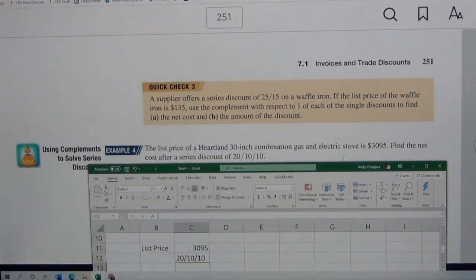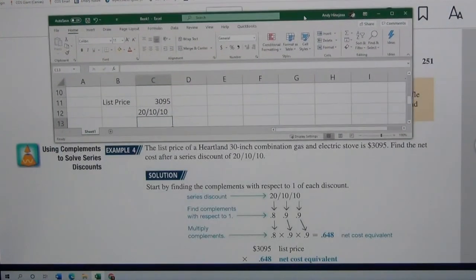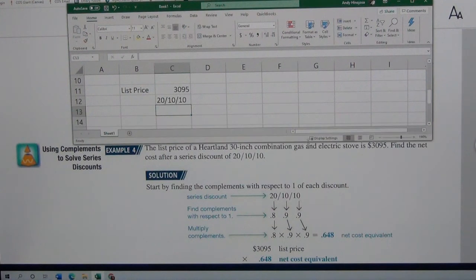Okay, so hopefully you've got it done right, but what we're going to do is really find the complements. We're going to find the complement of 20. If I know the complement of 20 in this discount, well, really the decimal is 0.2, so the complement is going to be 0.8. Then we're talking about 10.